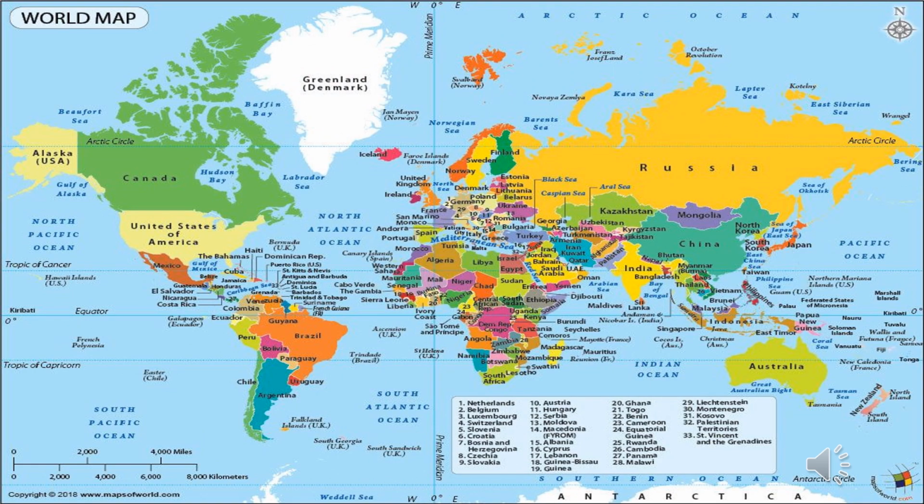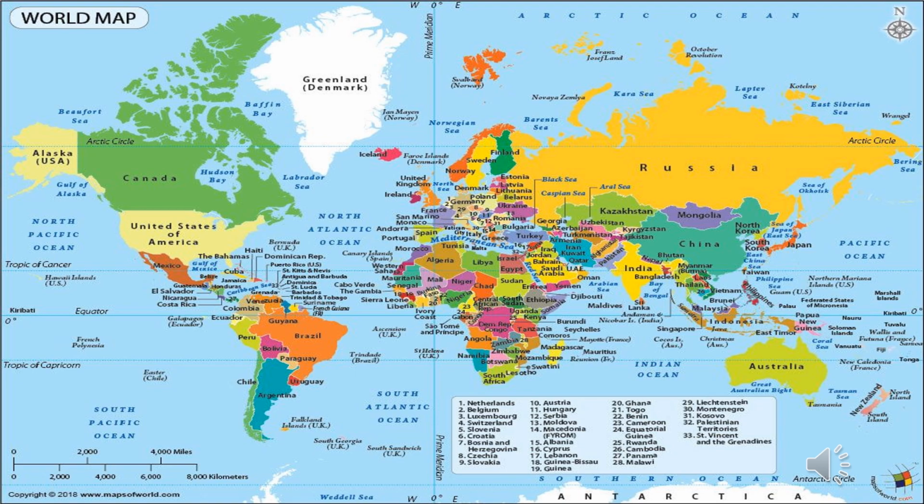So, what is a map? Look at this. This is a map. A map is a drawing of the earth or a part of it on a flat surface. We can also say a map is a drawing of the earth, countries, states and even cities on a flat surface. Maps can be big or small.